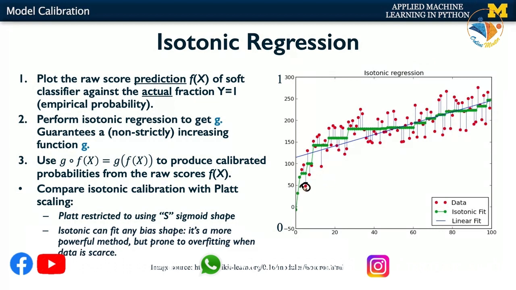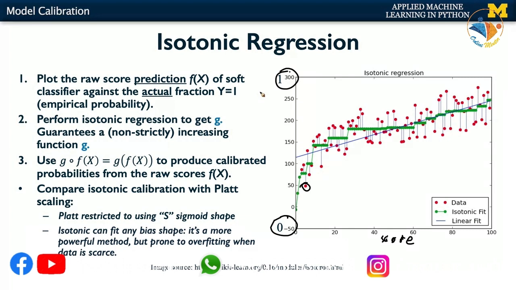So the x-axis is the score, just like before, the raw score from, let's say, a support vector machine. And just like before, the y-axis represents some kind of empirical estimate between 0 and 1 of the true empirical probability for all the items that have that score.